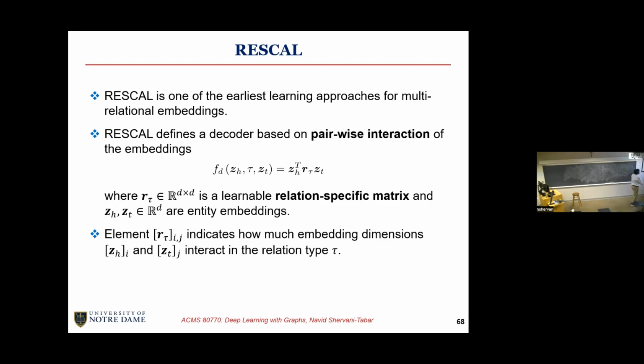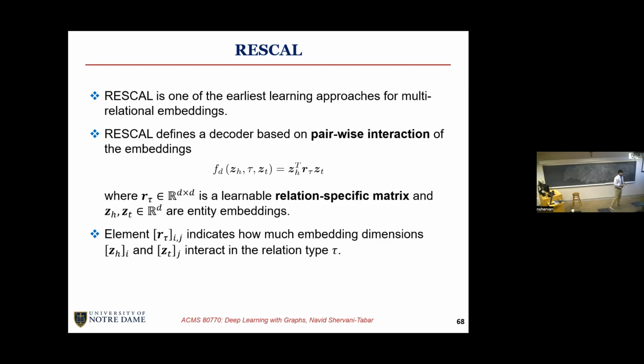When you have a matrix in between, what this learns is that each element i and j of this embedding matrix for the relation is learning how element i of the embedding for the head node is interacting with element j of the embedding for the tail node.